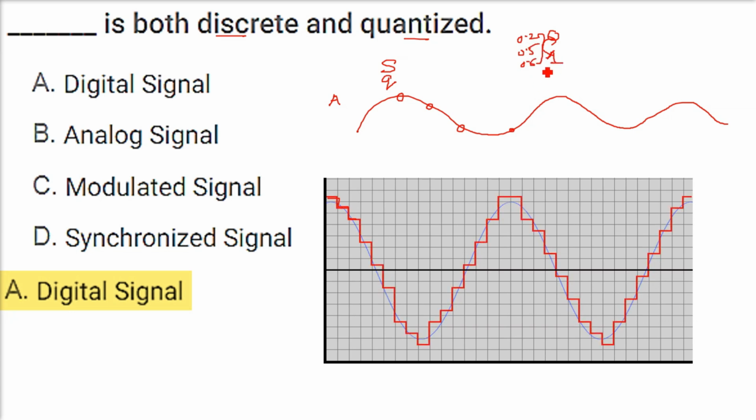So actually you are taking the continuous voltage levels and converting certain voltage levels, indicating them as zeros and ones depending upon their extremity. That is, if they are lower, you can call them 0. If they are higher, you call them 1. That is why you only get certain values for certain x, certain y value. You will not get all the y values for all the x. That is why it is discrete and quantized.